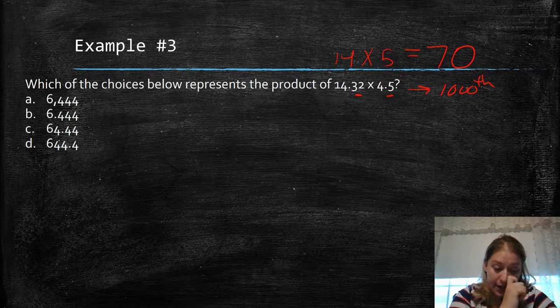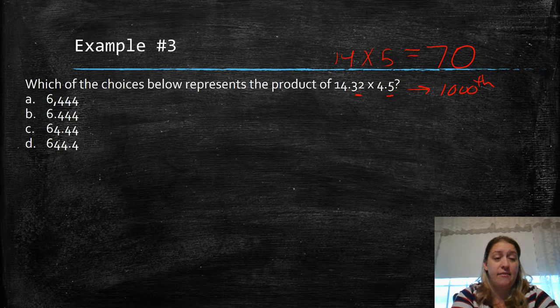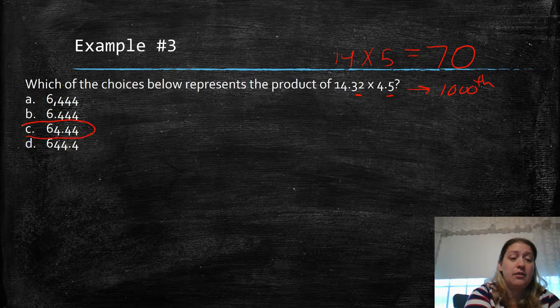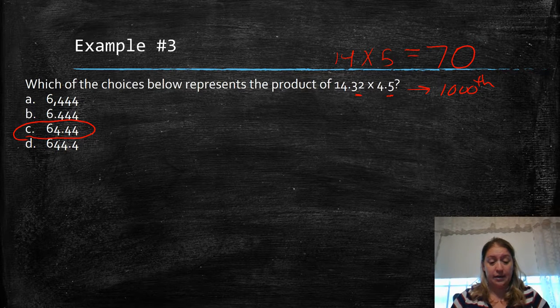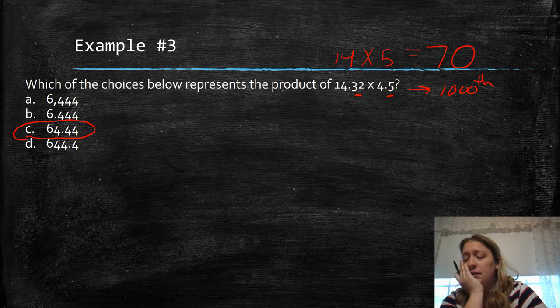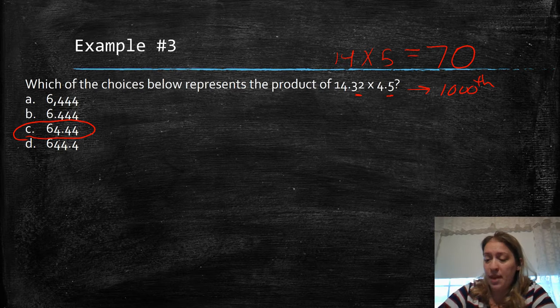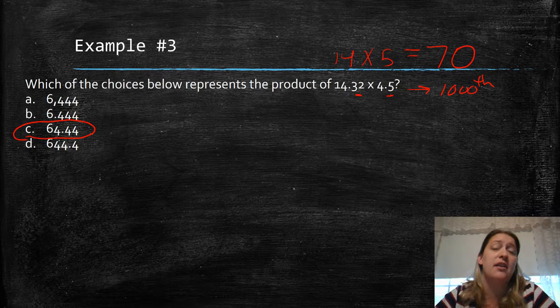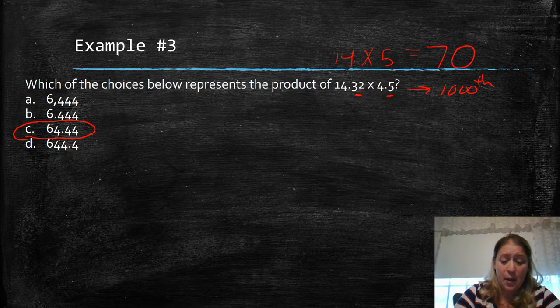So which choice is about 70? Well, we have answer C. But wait a second. The problem is that that answer doesn't have a number in the thousandths place value. So is that the right answer?